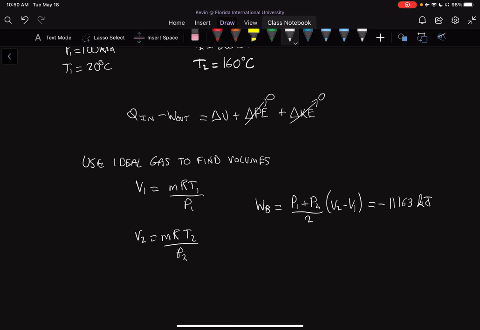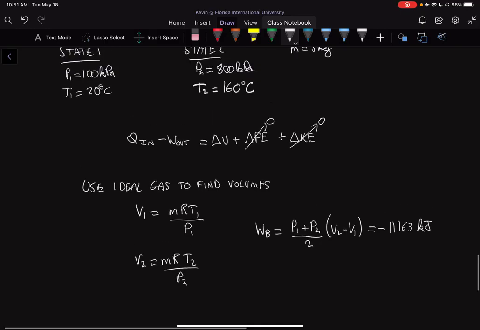Okay, and so that means that our work boundary is negative once again. Therefore, we know that our work is negative on the system. That means that our work out is negative.